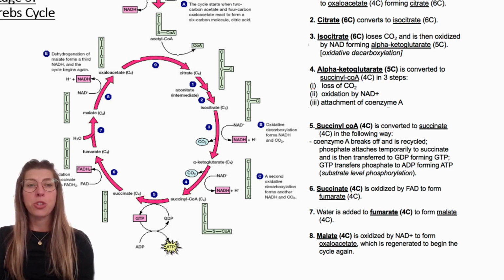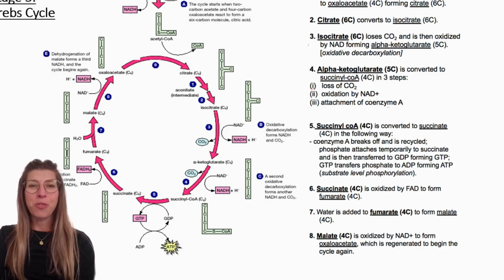Okay, now step 2, citrate, which is 6C, converts into isocitrate, which is also 6C, so kind of an isomer of sorts. It isomerizes and converts and changes shape, but keeps its chemical formula. Step 3, we use the isocitrate, which is the product of step 2.